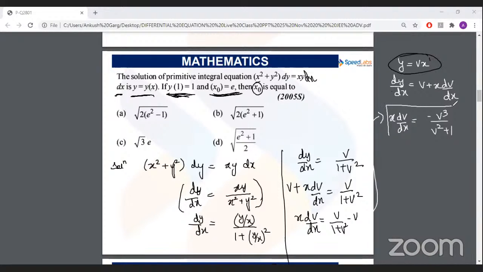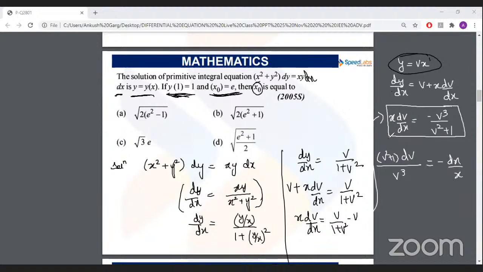And now you can see we can solve this differential equation using the variable separable method, right? So taking all the terms of v with dv, this will be (v² + 1) dv upon v³ equal to minus dx upon x.